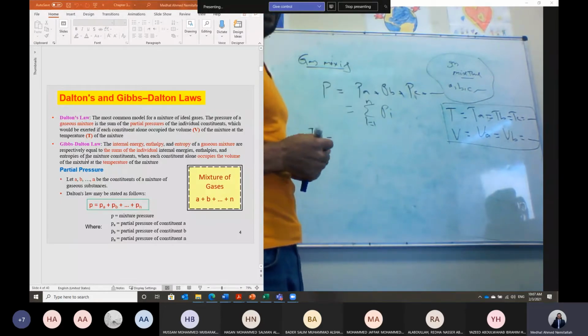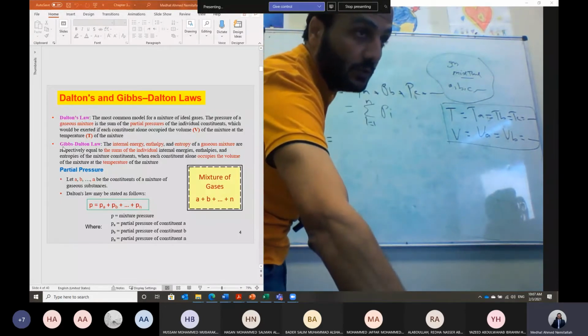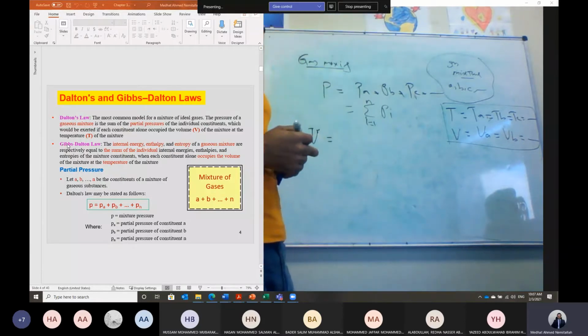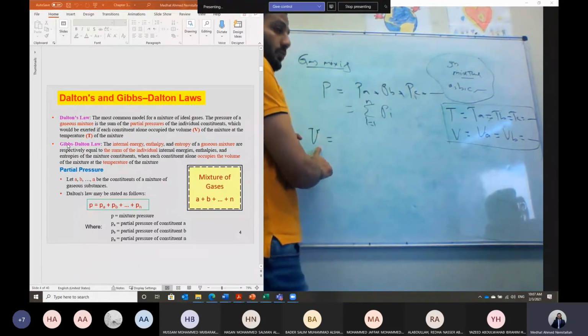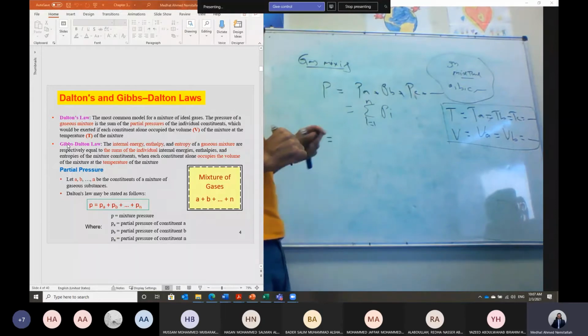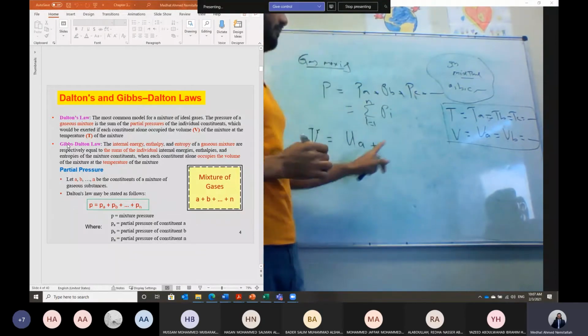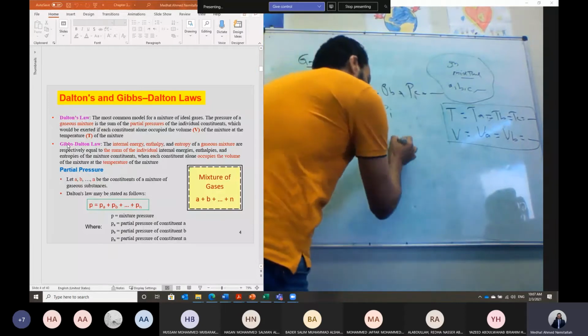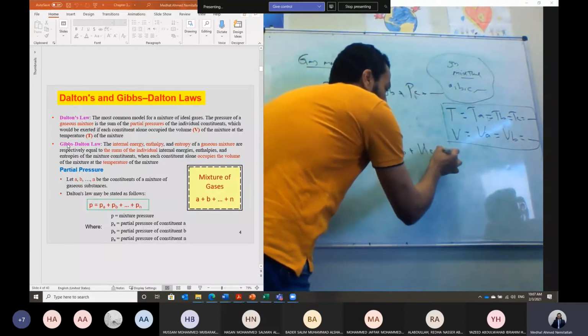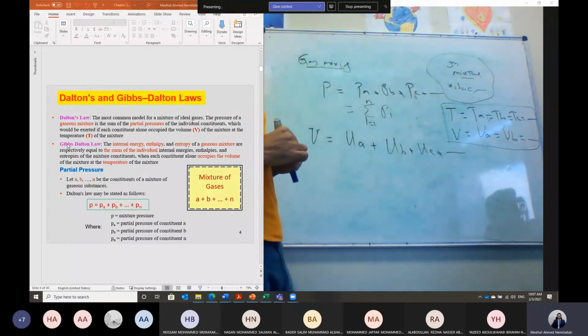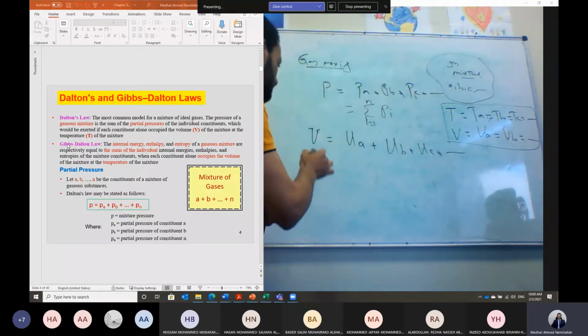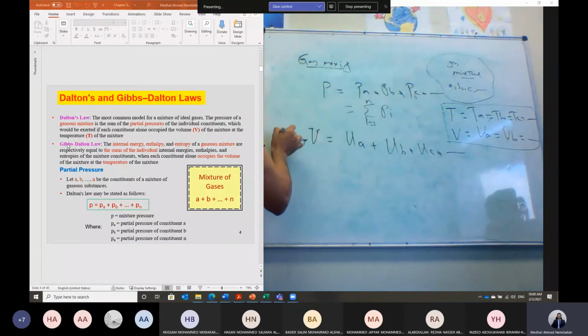Based on the modified Dalton law, which we call the Gibbs-Dalton law, the total property, like the internal energy, should equal the internal energy of component A plus the internal energy of component B plus C, and so on, whatever the number of components. This is the total internal energy, calculated in kilojoules.